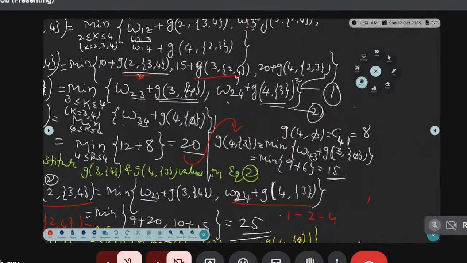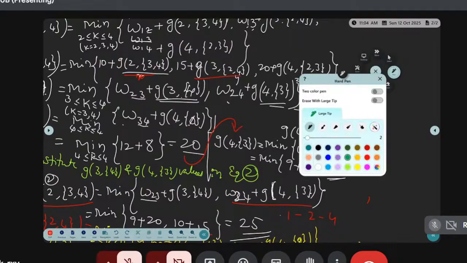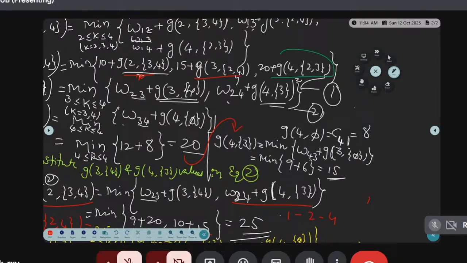This value, whatever you know, find out this one, equation 1, last one, g of 4 2 3. Try to do on your own whether it is right or wrong, correct it, and still if there is a doubt, call. Just 2 minutes.